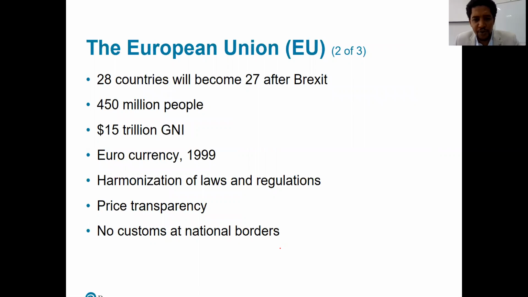So in the European Union, there are about 28 countries, and because of the Brexit, because of the UK, it's going to be 27, right? And a total of 450 million people are there. And GNI, the gross national income, is about 15 trillion.